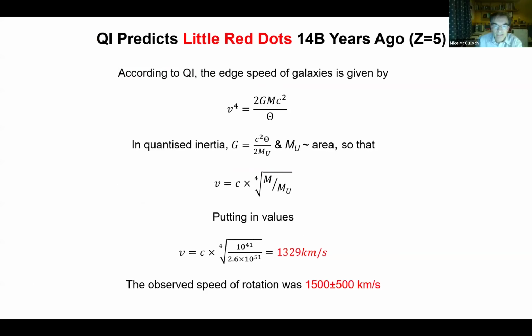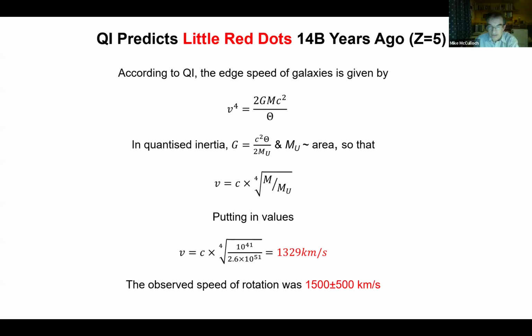So what does QI predict for their speed? Well, the formula is shown here. That's the speed of the edge stars. It's determined by the gravitational constant times the mass of the galaxy, times the speed of light squared, divided by the cosmic scale, which I've had to modify because we're looking at the universe in the past.